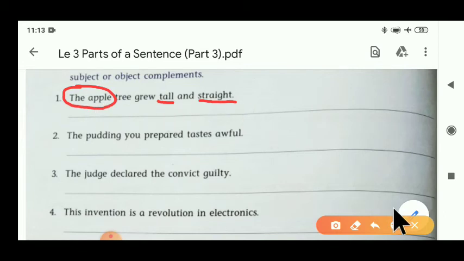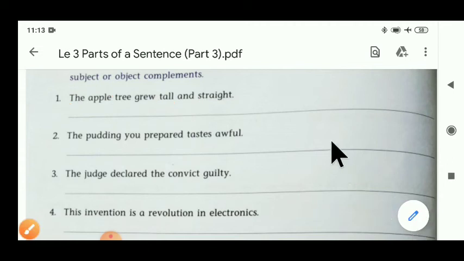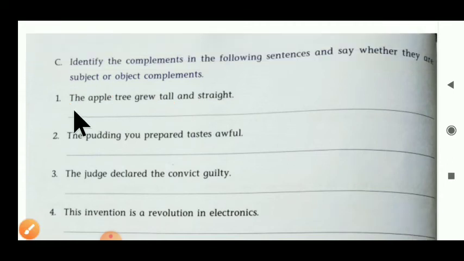So the answer will be like that. You have to write here the word tall, then comma, straight as the second word, then dash. Both are subject complements. So you have to write here subject complements. Tall, straight, subject complements. Can you understand now?